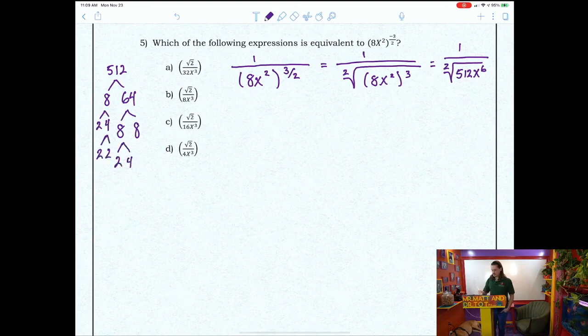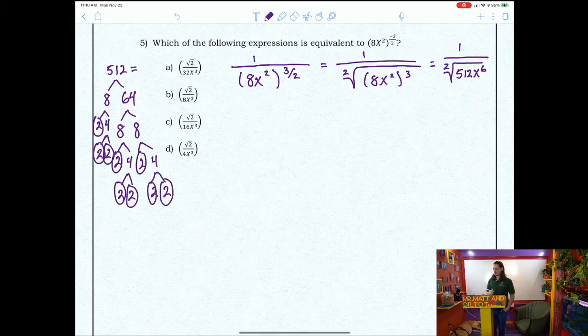So I'm just breaking this number down into its prime factors. This is a rather large one, and you can see that it has 1, 2, 3, 4, 5, 6, 7, 8, 9. 512 is the same thing as 2 to the 9th power.